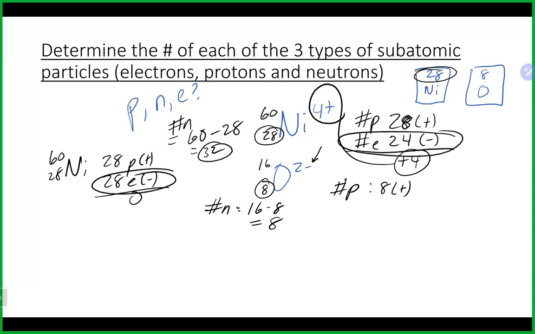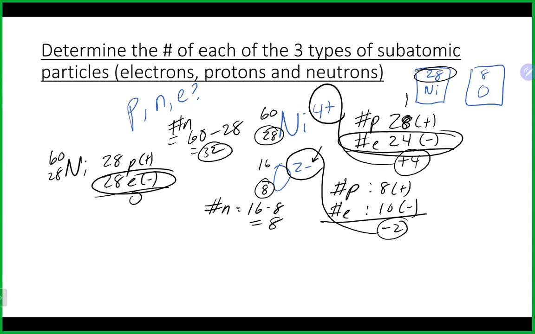And the number of electrons it gained is 2. All you have to do in that case is add 2 to the protons. So the number of electrons is 10 in this case, given it is -2: 10 negatives, 8 positives, leaves you that left over.